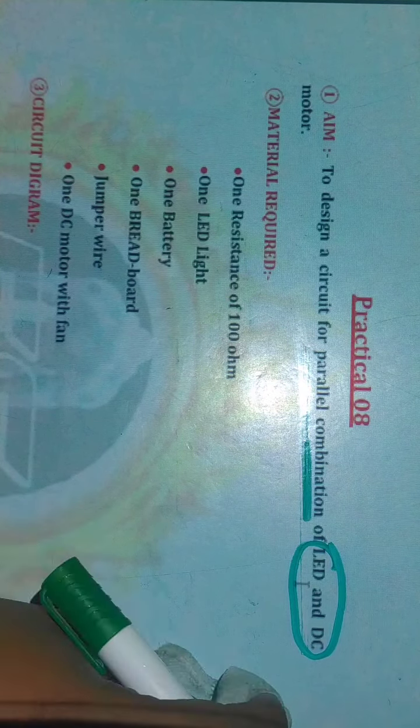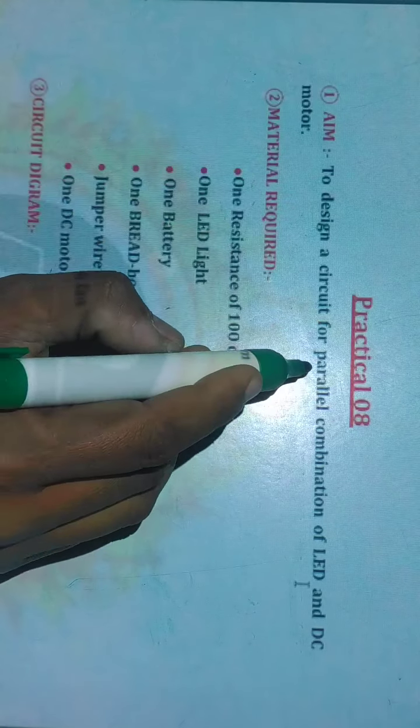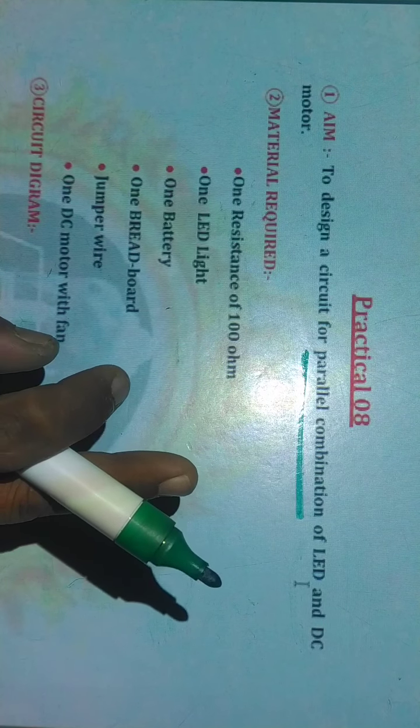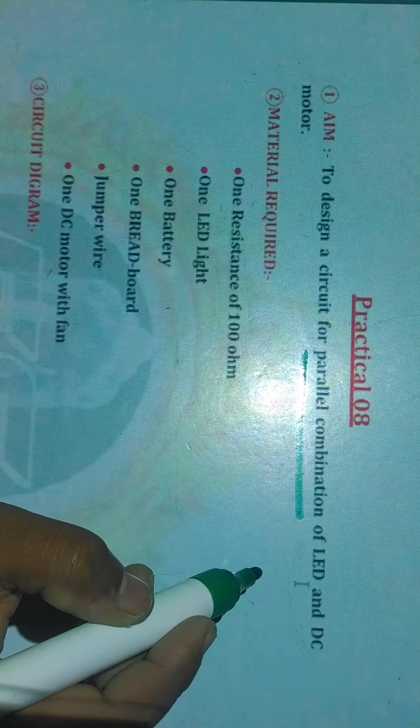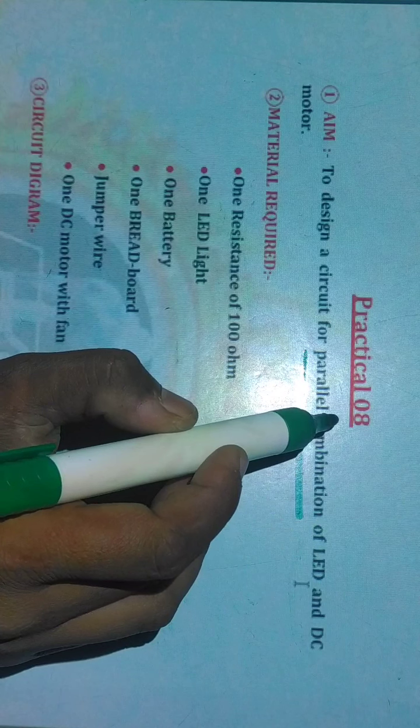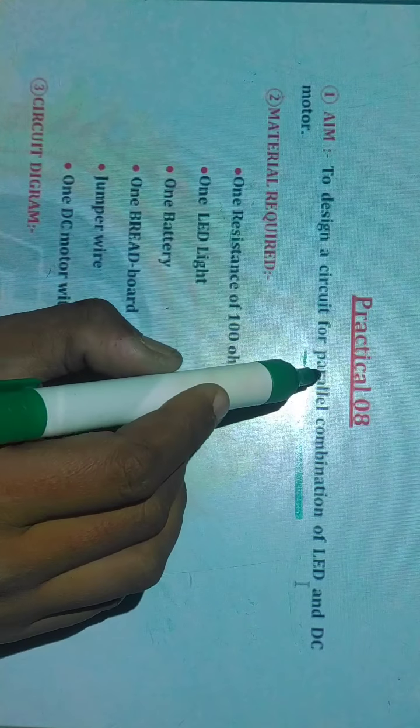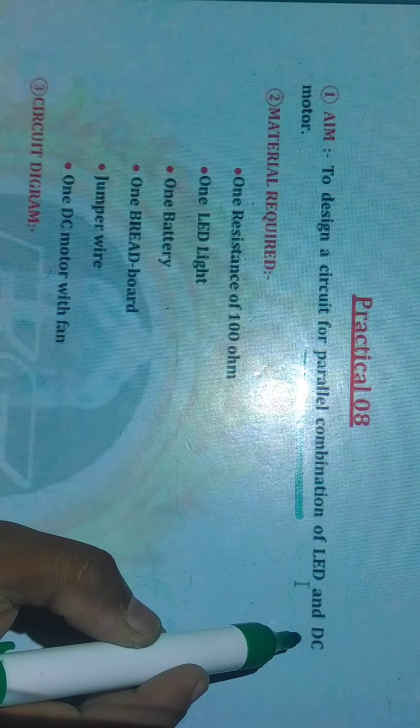I repeat again, the concept of parallel combination is the same. The difference is the components: in practical number 7 we used resistance, but in this case we use LED light and DC motor. Okay, so move forward.